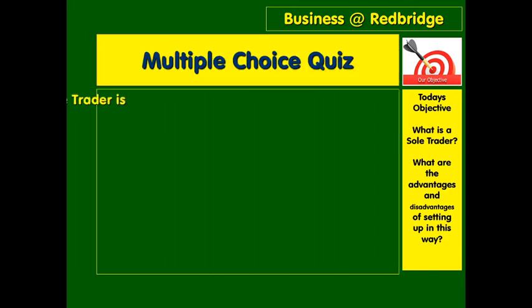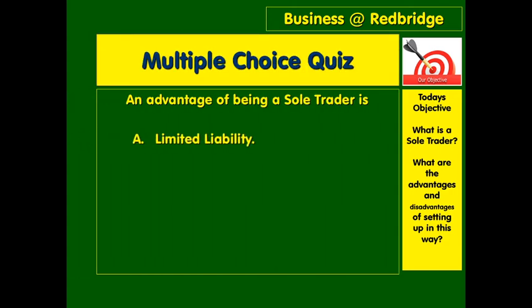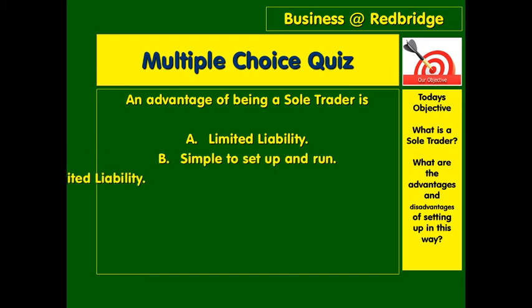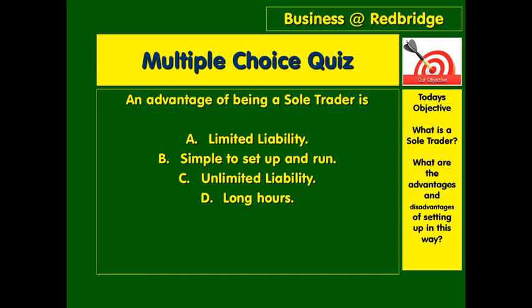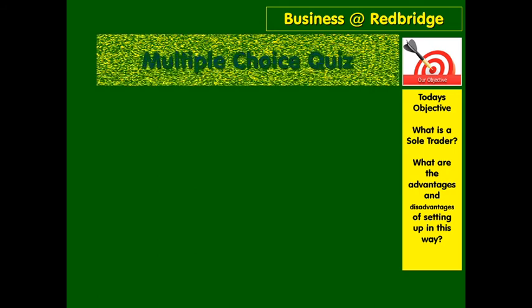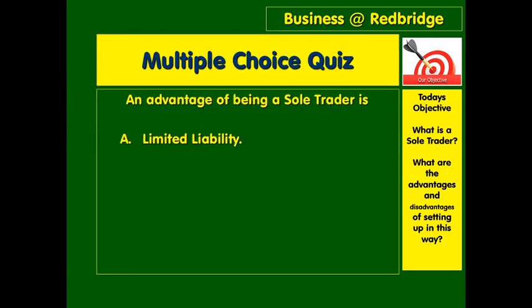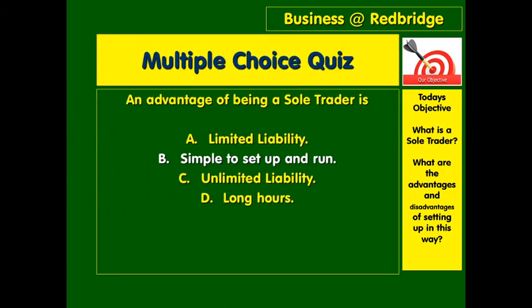There are 5 of these. Okay, an advantage of being a sole trader is: limited liability, simple to set up and run, unlimited liability, or long hours. So pause the video, decide which one you think it is, and I'll give you the answer just now. Okay, the answer to that question, the advantage of being a sole trader is it's simple to set up and run.